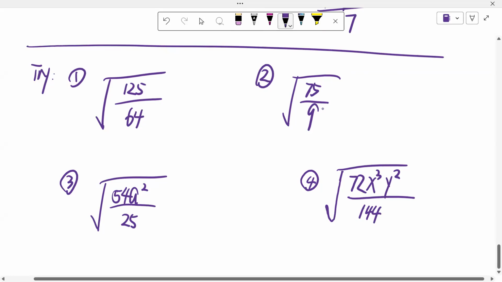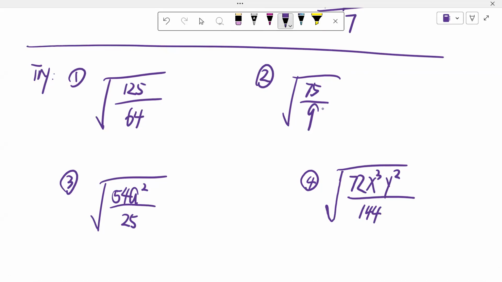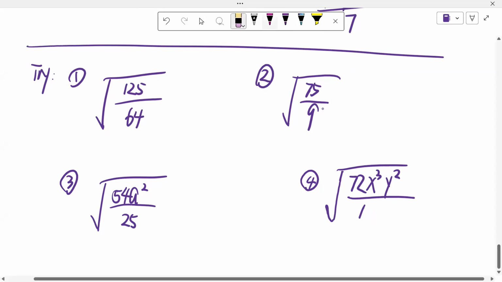And the last one, over 169. Okay, let's try this.